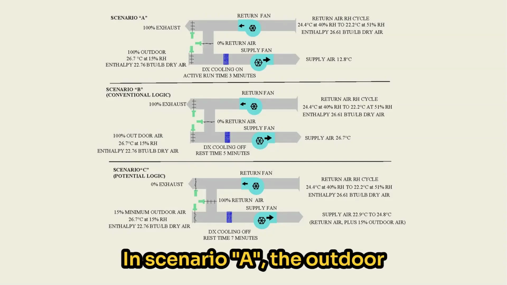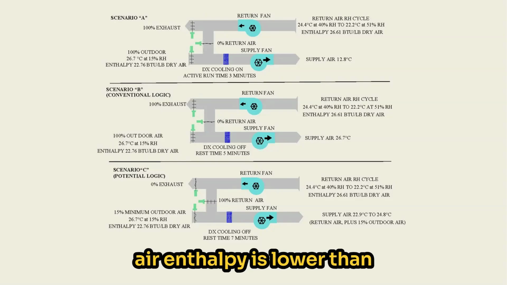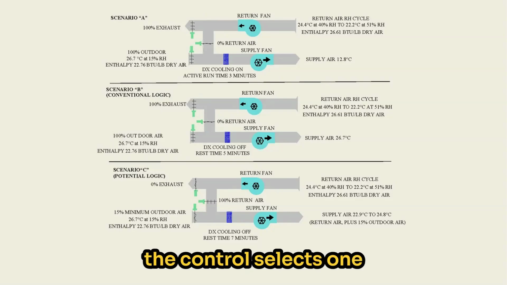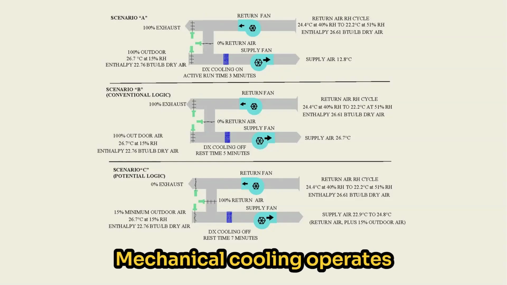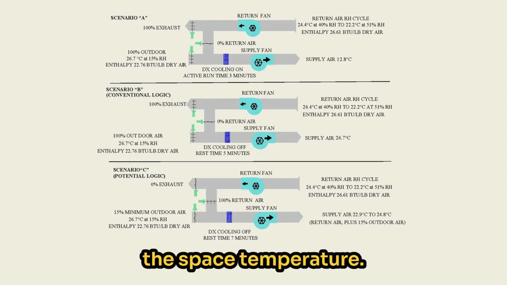For example, in scenario A, the outdoor air enthalpy is lower than the return air enthalpy, so the control selects 100% outdoor air. Mechanical cooling operates for 3 minutes to reduce the space temperature.